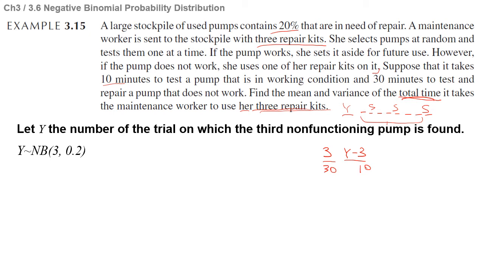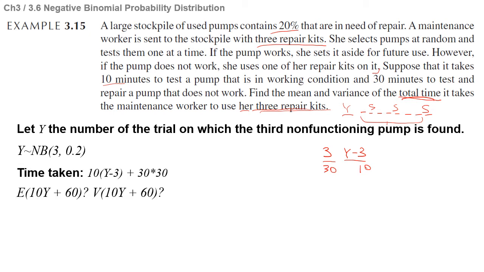So the total time is 10 times (Y minus 3) plus 30 times 3, which is 10Y minus 30 plus 90, so 10Y plus 60.